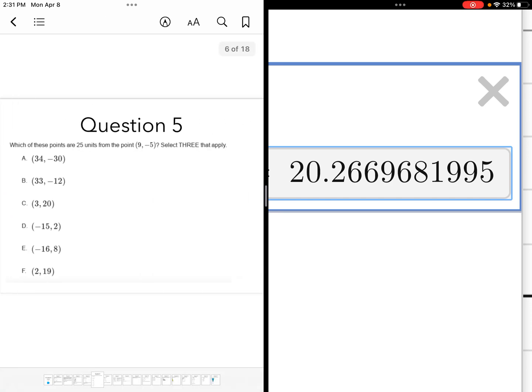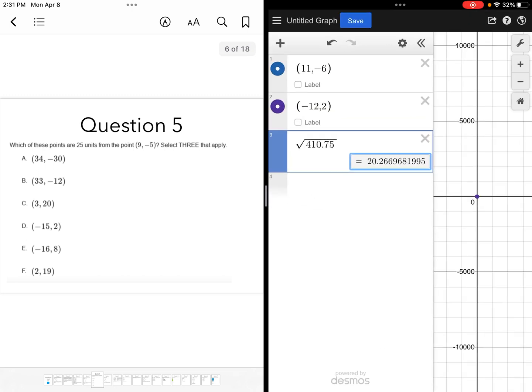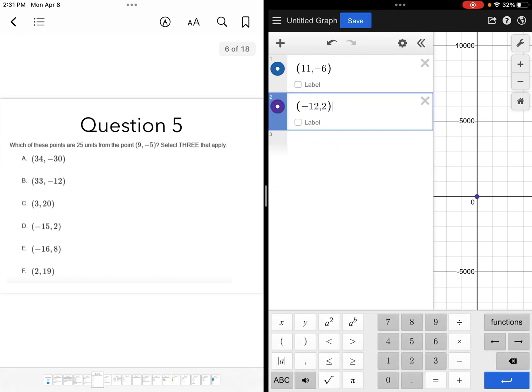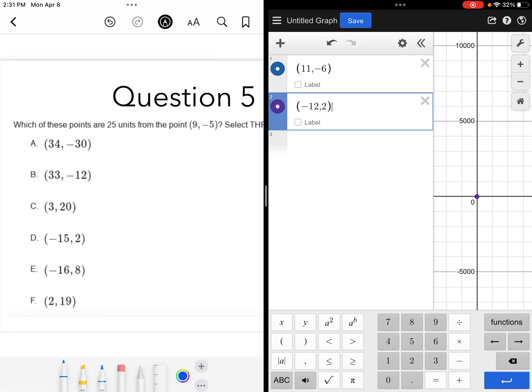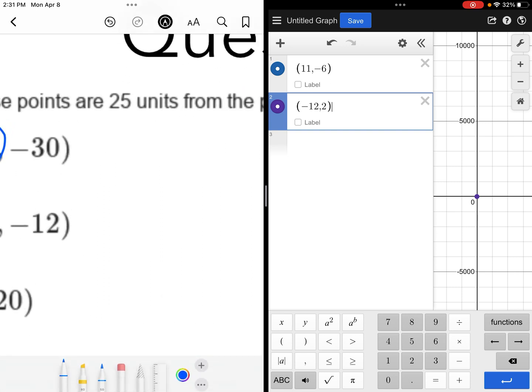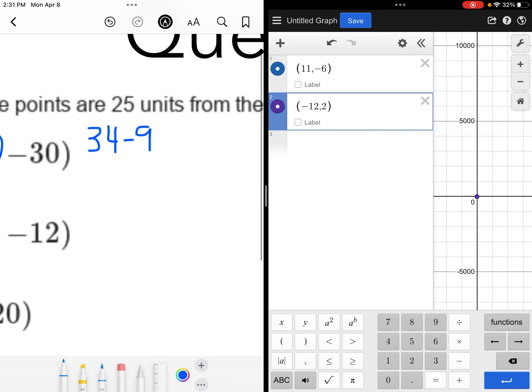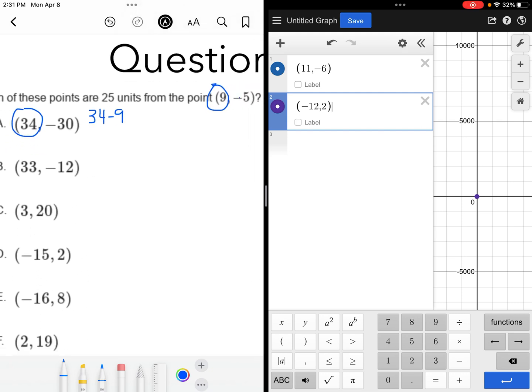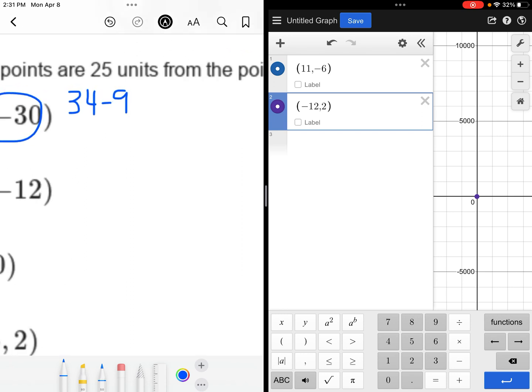All right, the next one says, which of these points are 25 units away from the point that they're telling you? And we have to select 3. So I can put these into Desmos if I want to, or I can find the distance between X and Y and go from there. So I know that I have 9 and 34. So 34 minus 9, and then negative 5 minus negative 30.